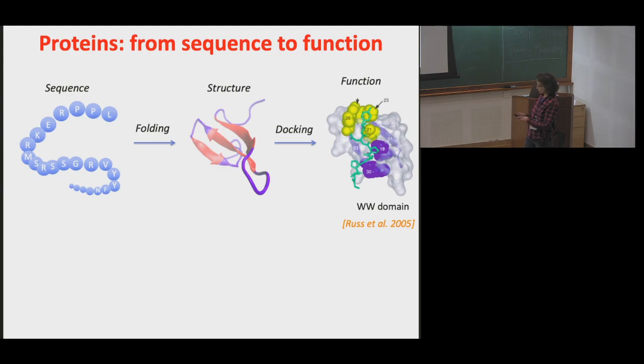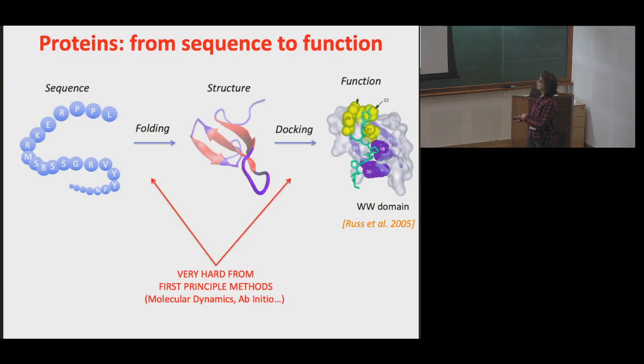So there are a lot of constraints encoded in this sequence, and it's very difficult from first principle methods, for example from folding simulation, from the knowledge of all atomic potentials between all the atoms, to guess the structure from the sequence.